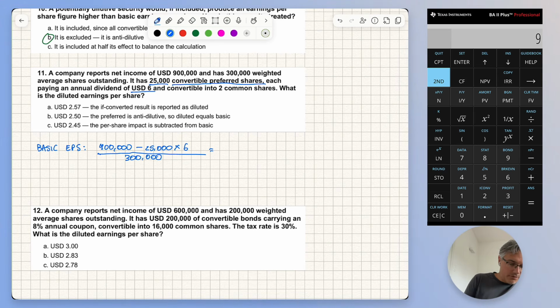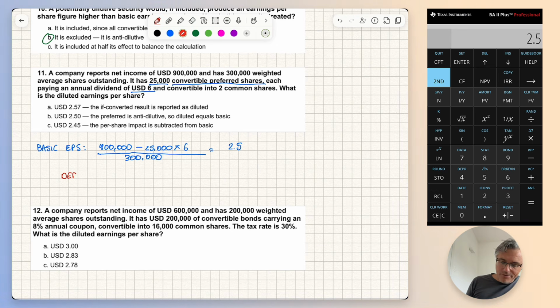So the weighted average number of shares outstanding is 900,000 minus 25,000 times 6, so 750,000, divided by 300,000 shares outstanding, and surprise, surprise, we get another 2.5.